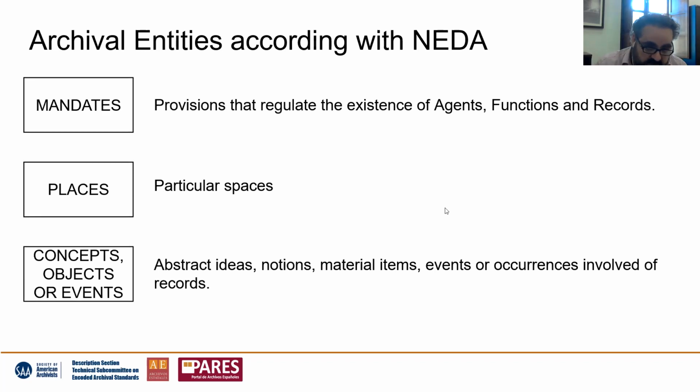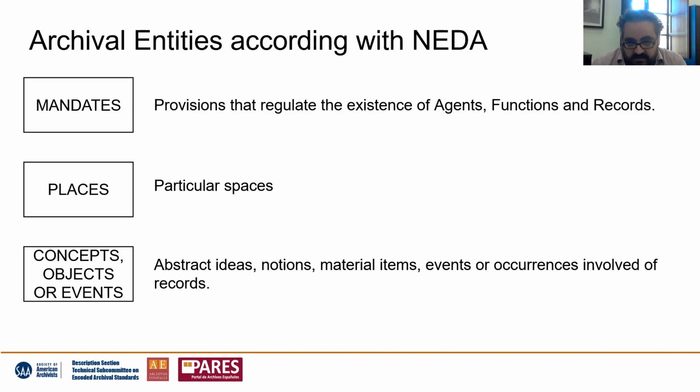But the NEDA standards also offer a second level of archival entities that are important for providing context to the records that we keep in our archives and describe in our systems. One of the second level entities is called mandate, understood as any kind of provision or rule that can regulate the other entities in the standards.